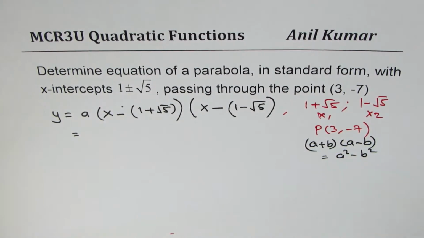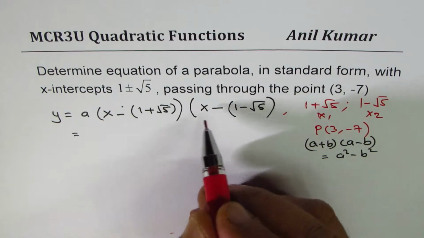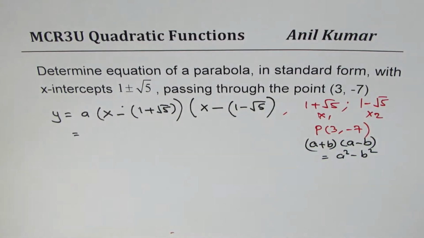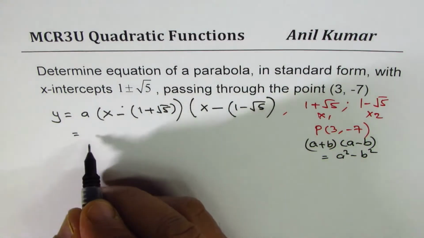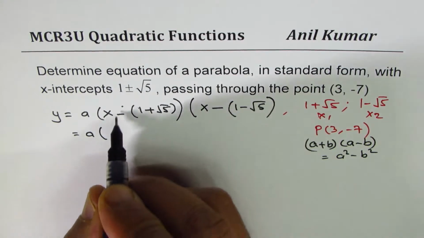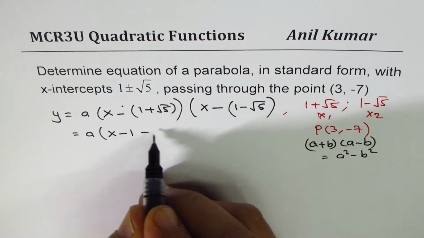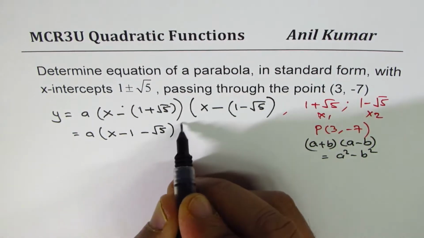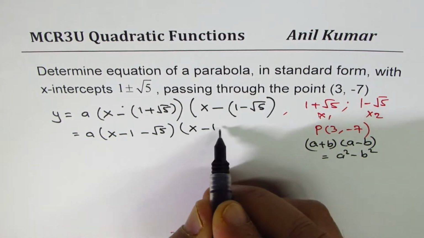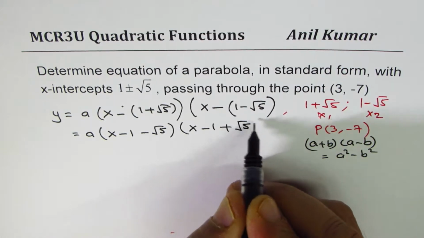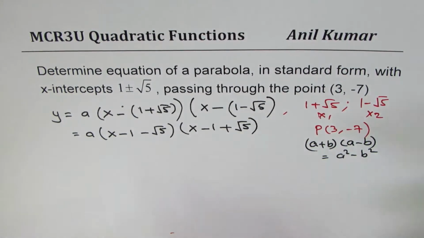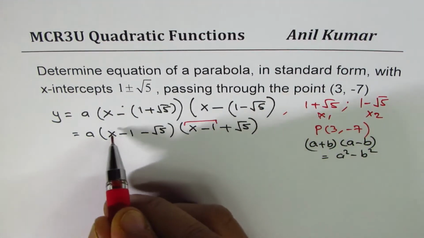So what you can do is treat x minus 1, or let me rewrite this so that it becomes absolutely clear. Open the bracket, so we get x minus 1 minus square root 5 times x minus 1 plus square root 5, correct? So treat x minus 1 as a, right?